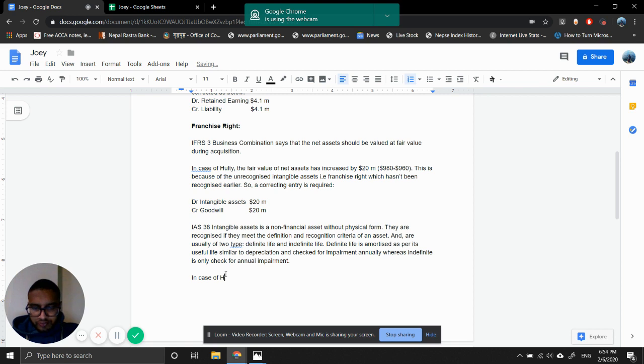In case of Alti, it is an asset with a definite life, which will be amortized every year by $5 million, which is basically $20 million divided by 5, right?